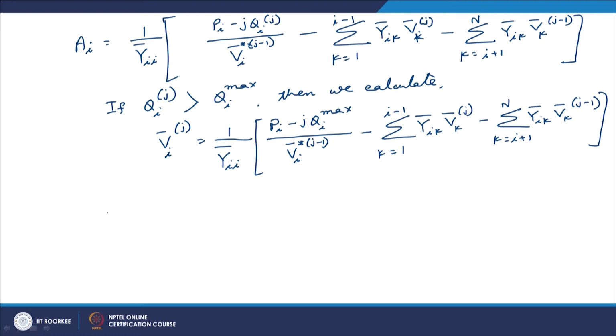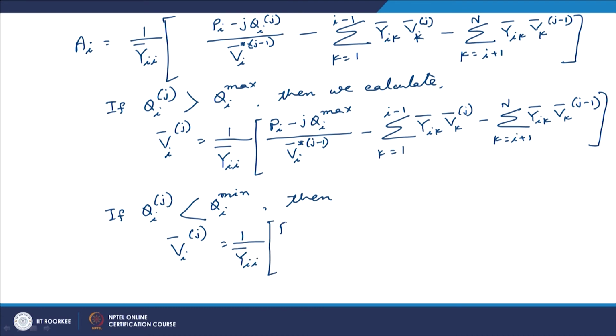So, again if Qij is less than Qi mean, then we again calculate Vij equal to the same thing, only difference is that Pi minus jQi mean.